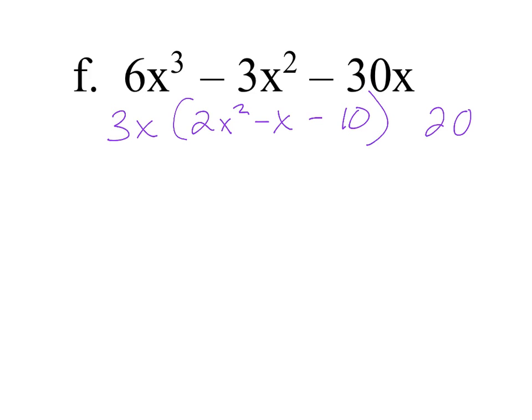Okay, factors of 20, let's subtract a 4, are 4 and 5. Sorry. Factors of 20 that subtract to 1 are 4 and 5.